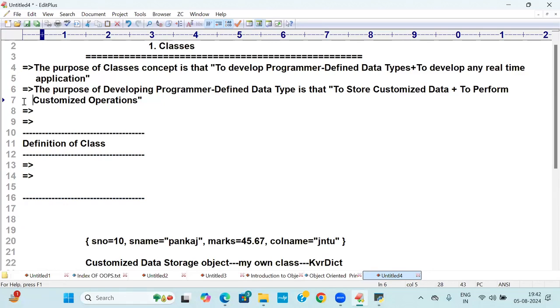A class is a specification of the real-time problem. My house plan is called the specification. The specification of my house is called the plan. That plan I will give to the builder. A builder is illiterate; an architect is more qualified. He will design, and the builder will understand and implement it as it is.